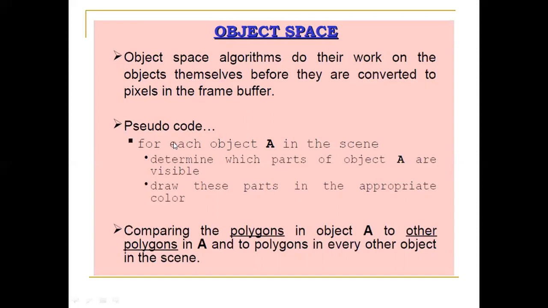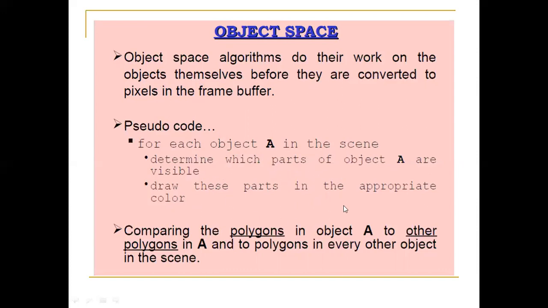So the pseudocode goes like this: for each object A in the scene, determine which parts of the object A are visible and draw these parts in the appropriate color. So whichever part of the object A you are selecting as visible.